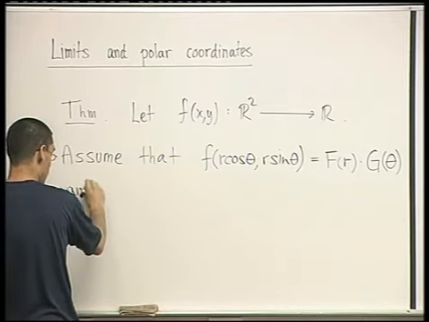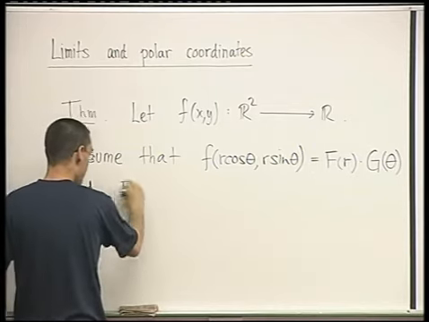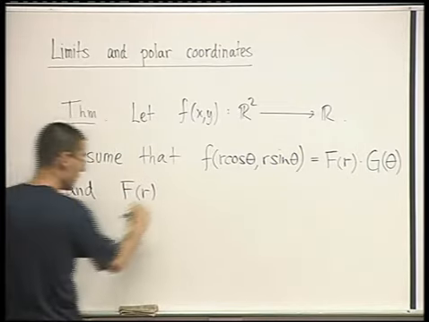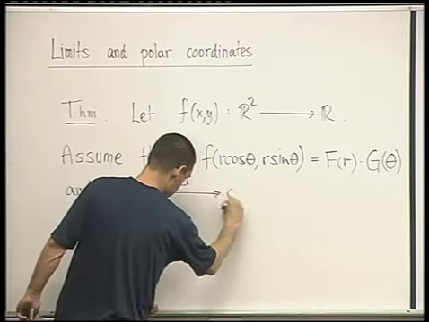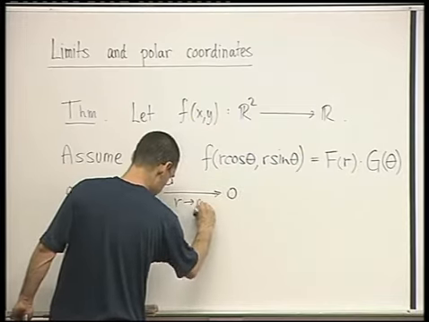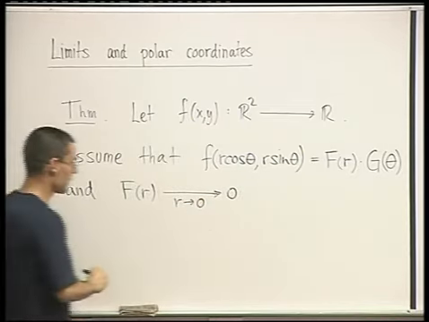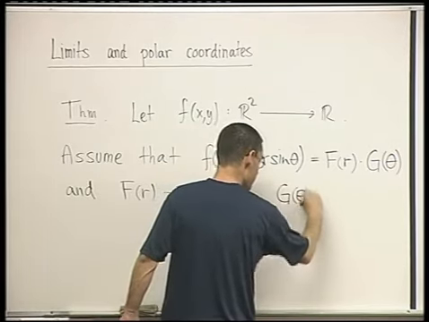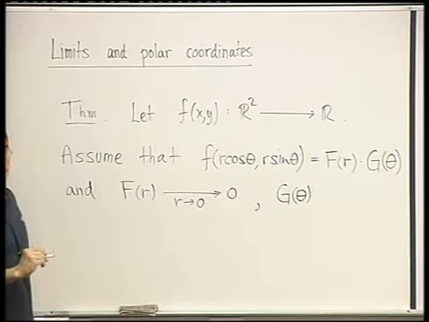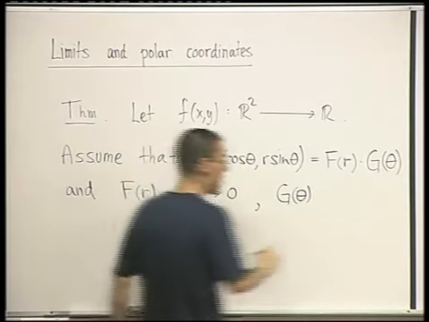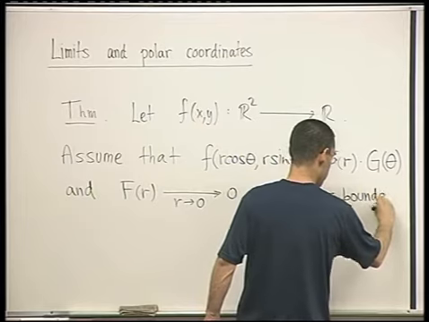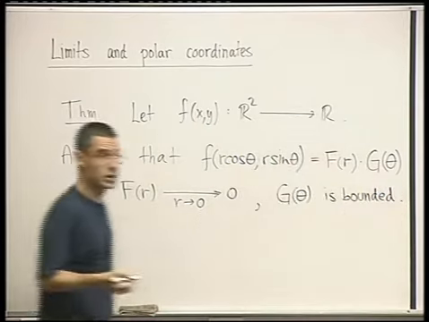And two more things. F of r, which is now a function of one variable, just the variable r, tends to 0 as r goes to 0. And g of theta, which is again a function of one variable, the single variable theta, is bounded. You all know what a bounded function is, right?